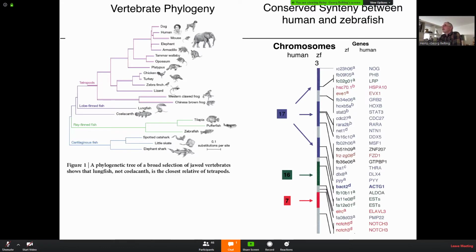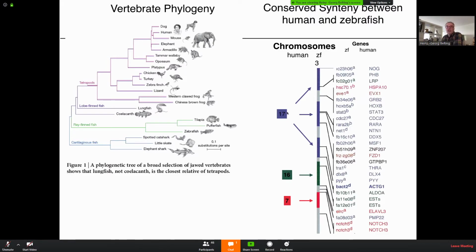And if you then go to the chromosomes and look at the genes and compare the genome between humans and fish, you will find that on zebrafish chromosome 3, there are a lot of stretches that correspond to human chromosome 17.